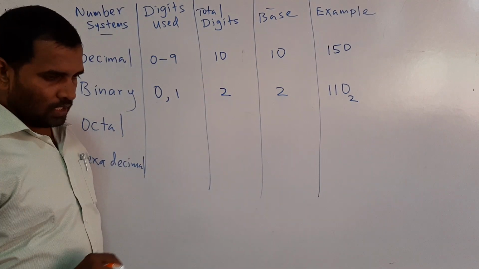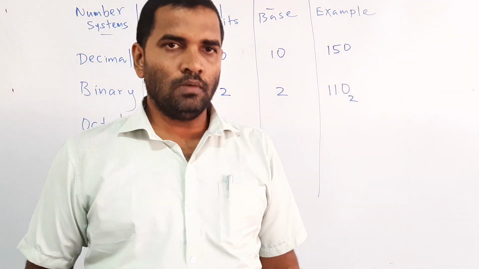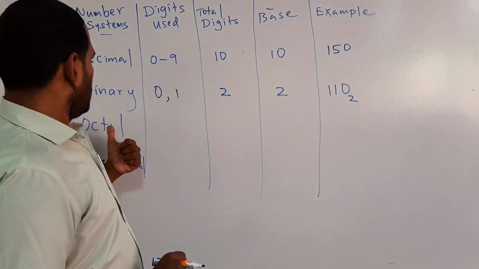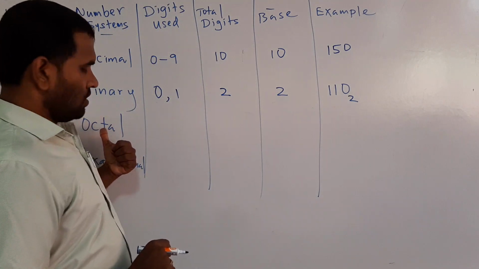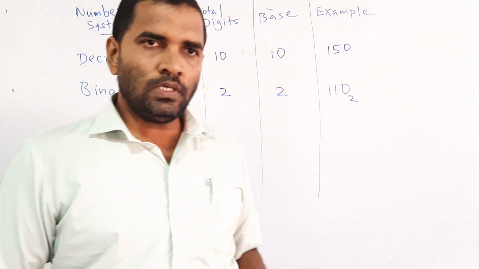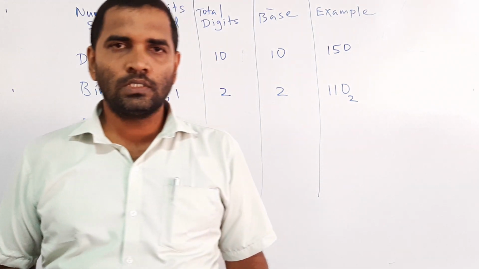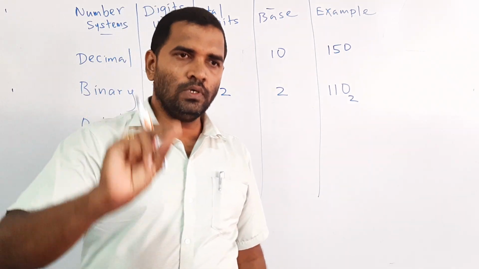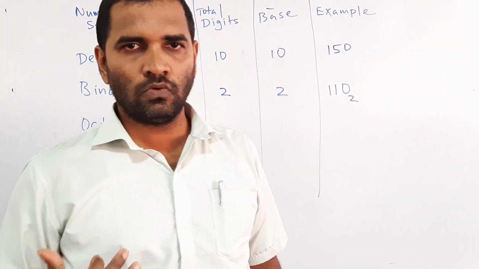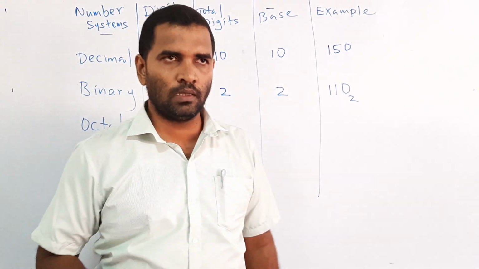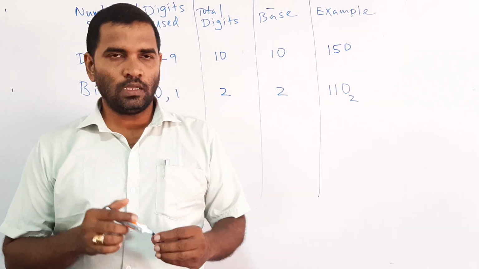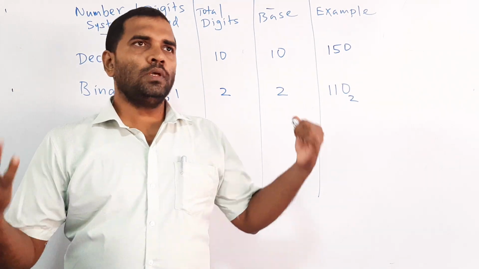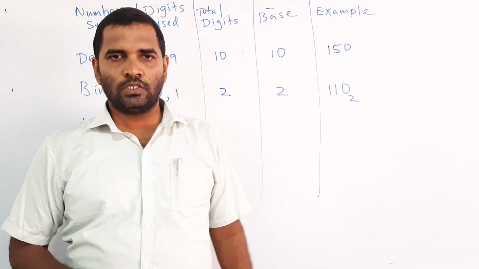So look at the third number system. This is octal number system. As I always say, most of the ICT words have meanings. So whenever one word is introduced, or whenever you see a word for the first time, try to guess the meaning without getting much explanation.